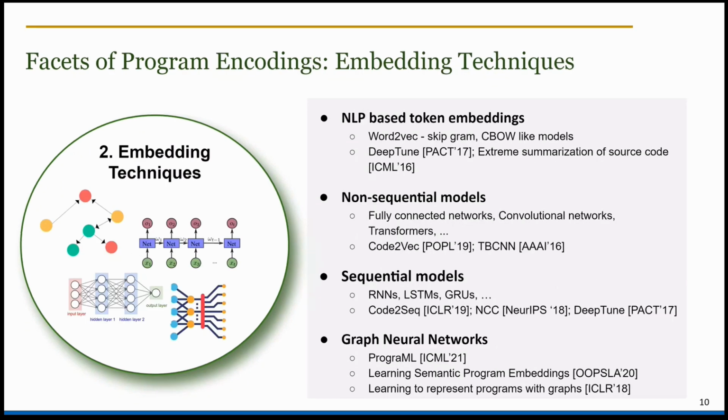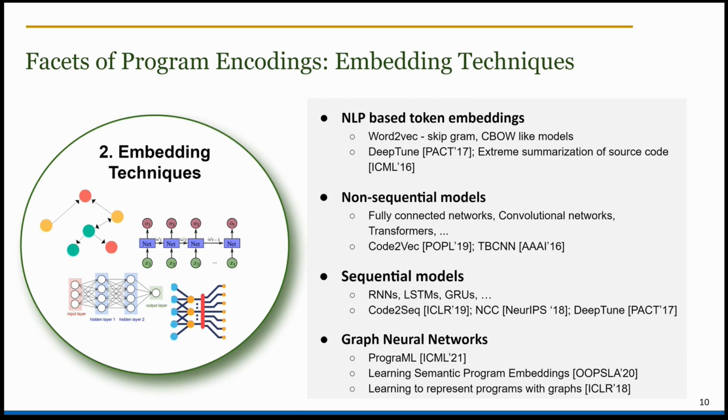Right, moving on, we have the embedding techniques, the models that can make use of these learned representations. When we have NLP-based token embeddings, we have methods like word2vec that use similar methods to learn the representation.